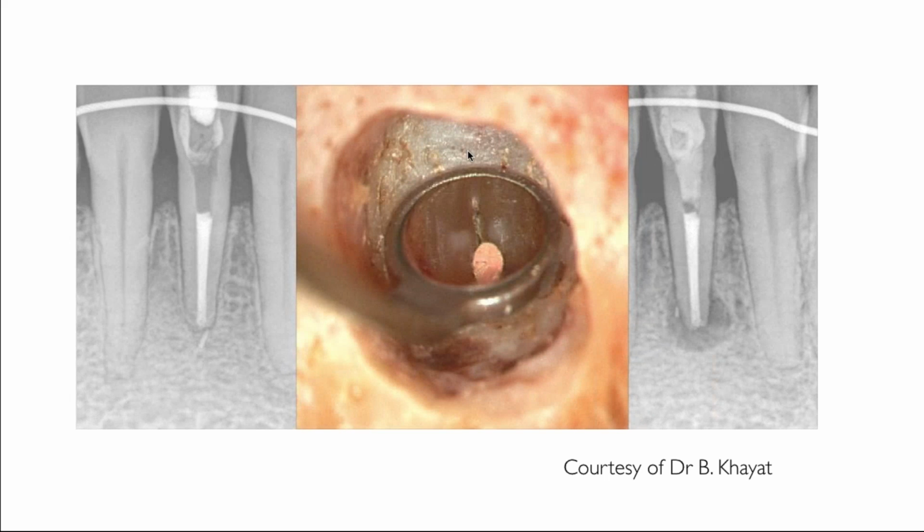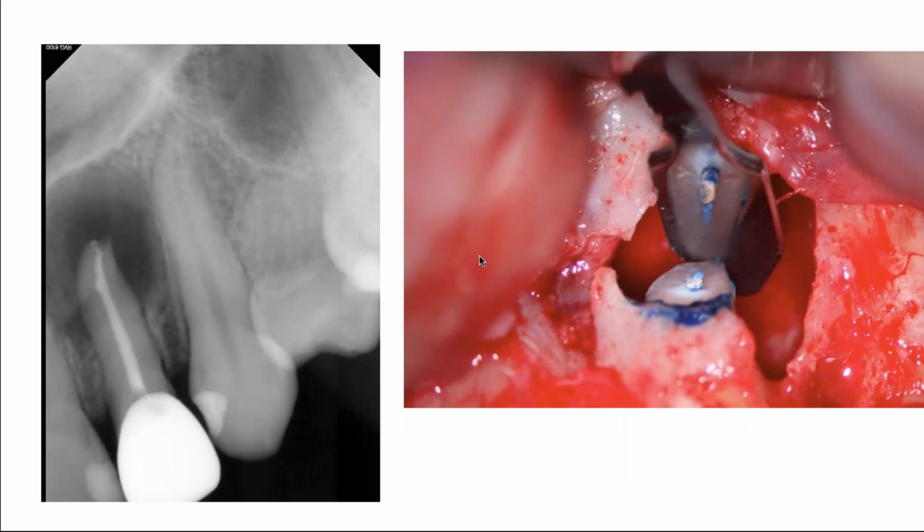Now, Dr. Kayat did surgery on the case, and you actually see that in the mesiodistal dimension, as you see on the radiograph, it's very adequately instrumented. But in the buccolingual dimension, the part you don't see on the radiograph, not even a third of the canal is touched. And we see this doing surgery over and over and over again.